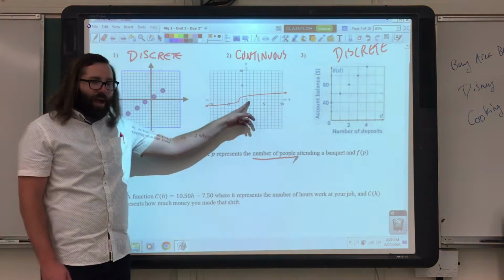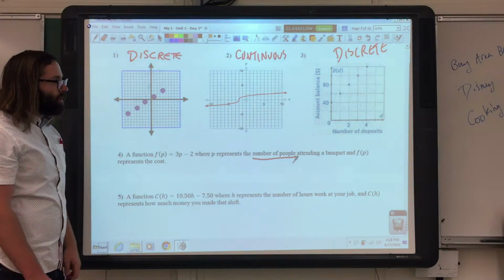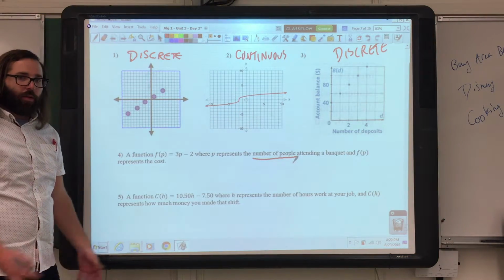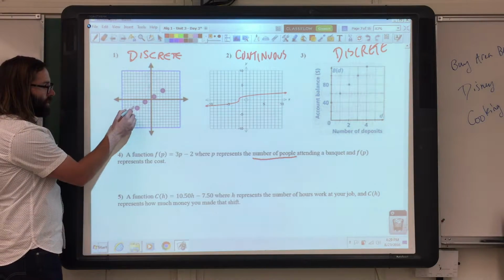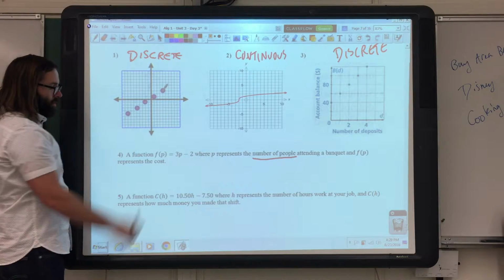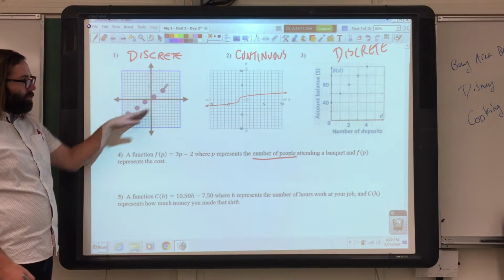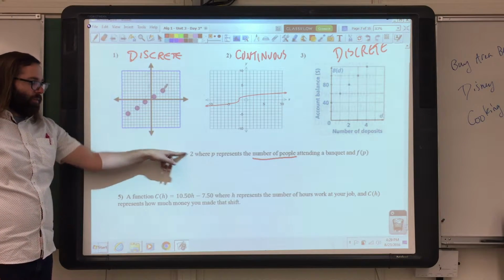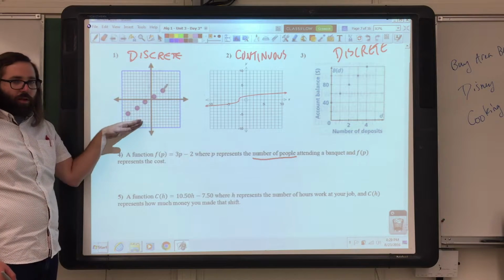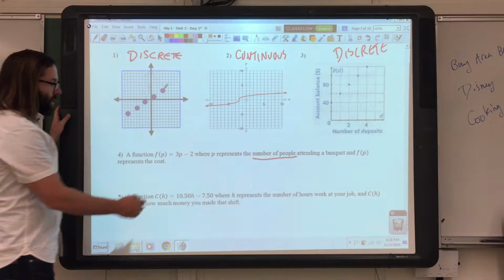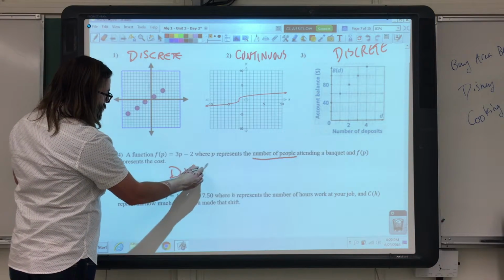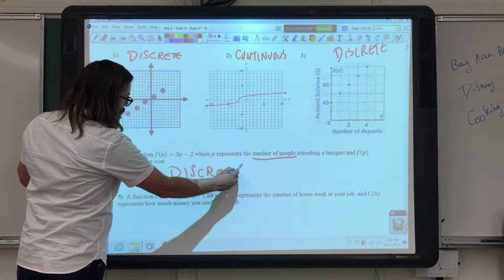Can you have half a person show up at a banquet? Or 0.25 people? No. You can only have a whole number of people. So this kind of function will give you this kind of graph, where it's just points. Nothing in between. So that would make this a discrete function.